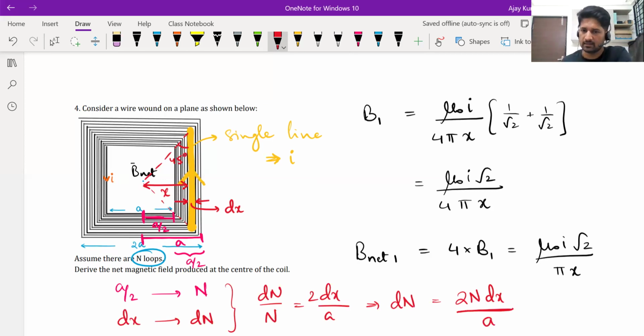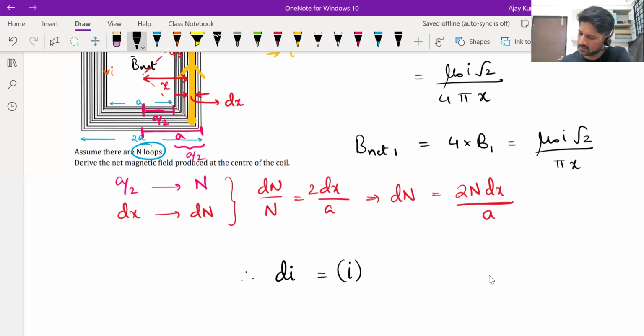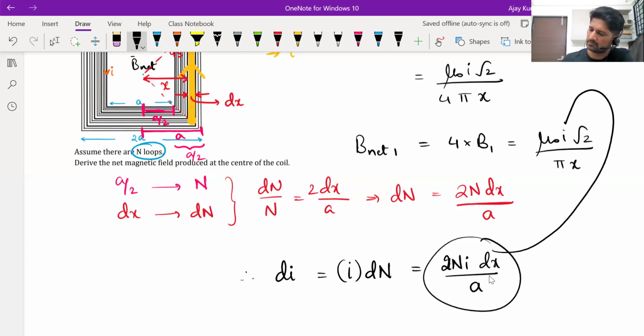Each wire has a current I. Therefore, the current in that width dx will become the current in each wire multiplied with the number of wires. That becomes 2n I dx divided by a. So that's the current in that width, and we got it in terms of dx. We will now put this in the expression for magnetic field and then integrate from the lower limit of x to the upper limit of x, and we'll get the answer.